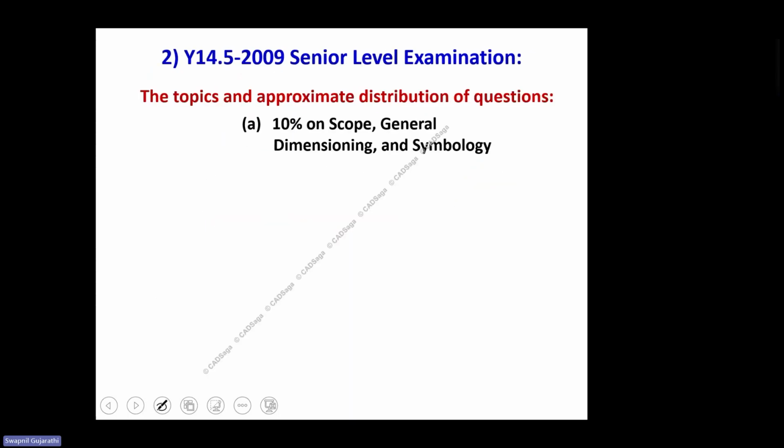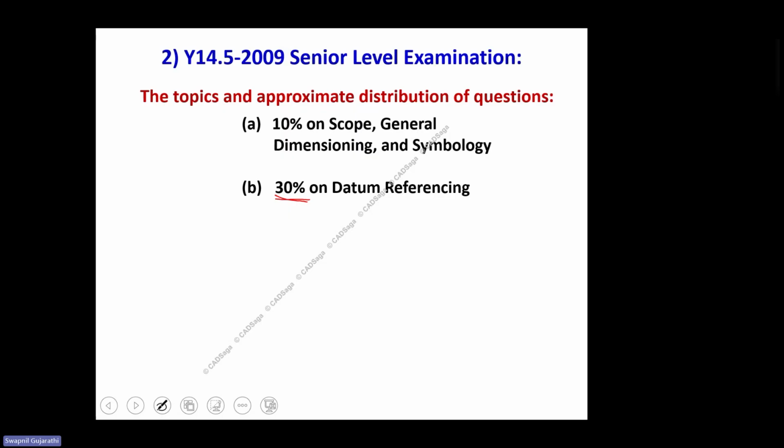Now, the senior level examination distribution: 10% on scope, general dimensioning, and symbology, 30%. Now, note here, you are getting into deeper and deeper water. Many questions come from advanced datum strategies like MMBs or RMBs and datum feature shift. Those advanced kinds of topics you will encounter here.